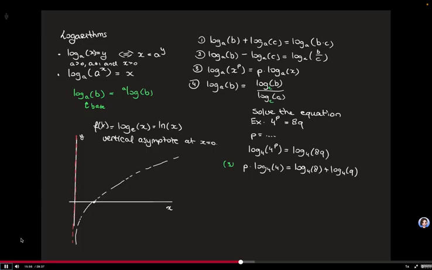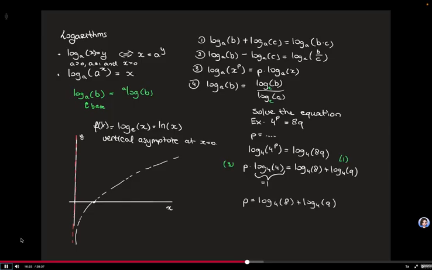So that's rule number 1. And what we know is that the log base 4 of 4 is equal to 1. So we get p equals the log base 4 of 8 plus the log base 4 of q.